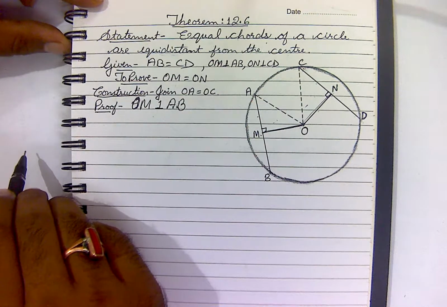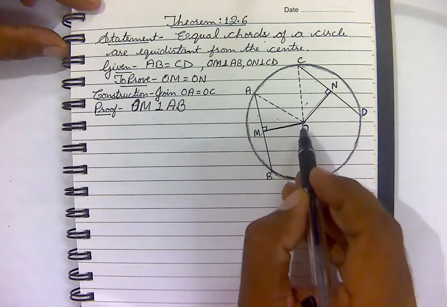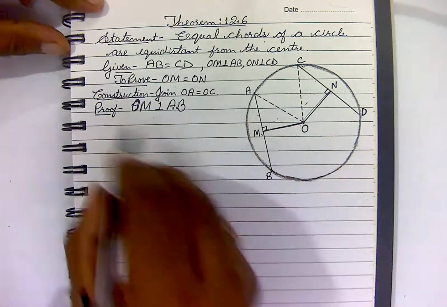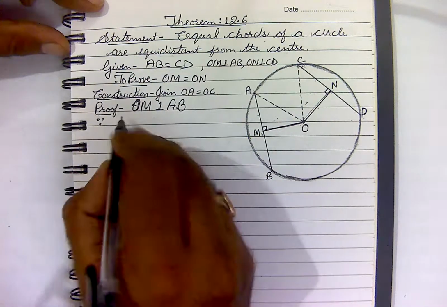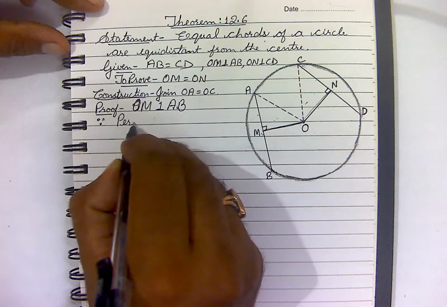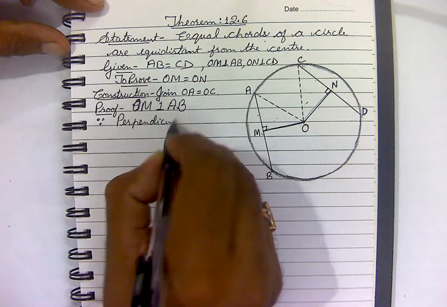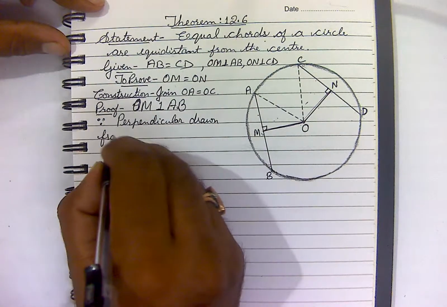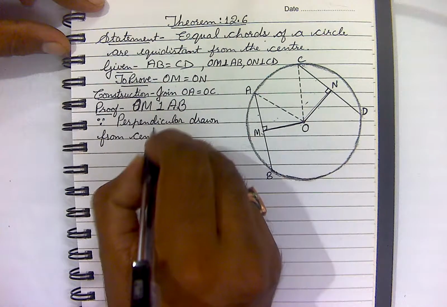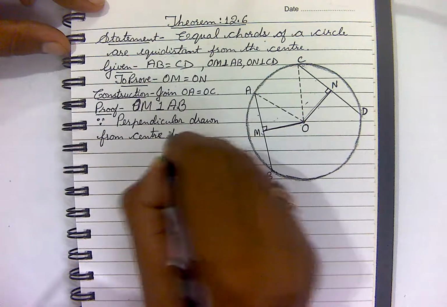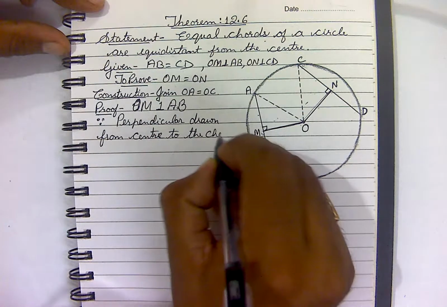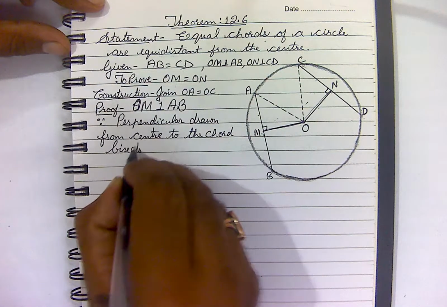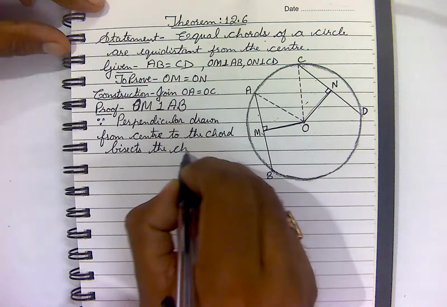According to that, the perpendicular drawn from the center to the chord bisects the chord.